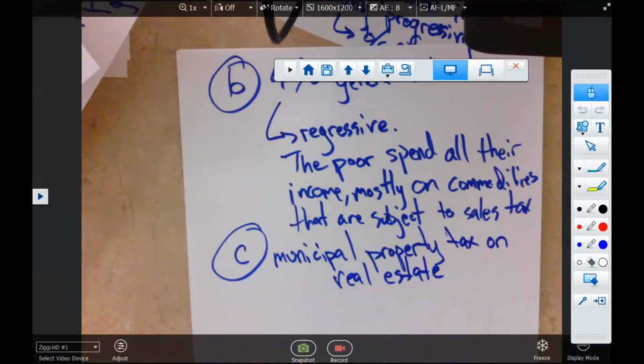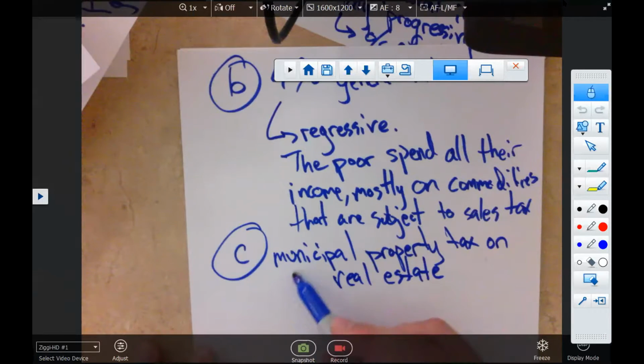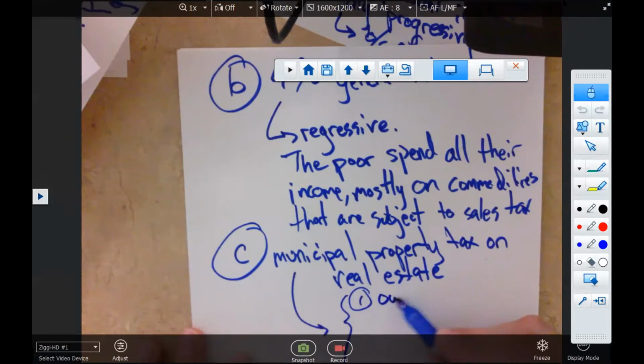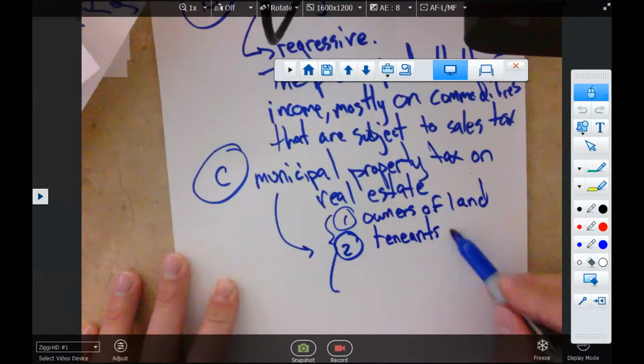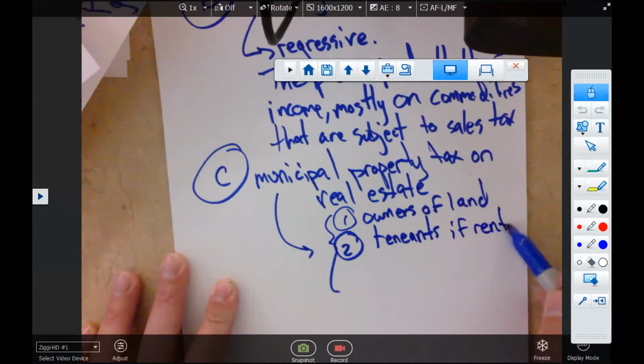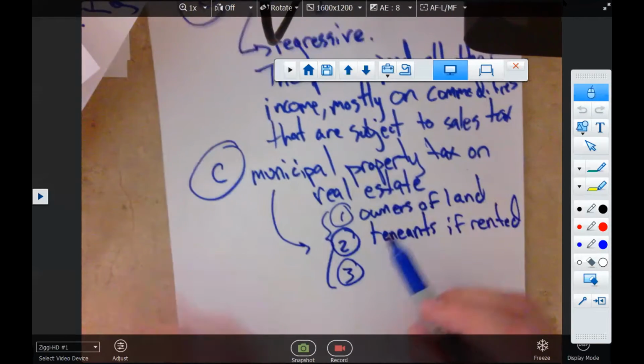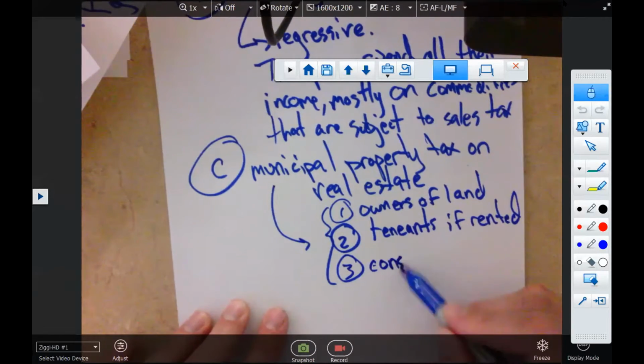So in terms of where the incidence could fall, it could fall on the owners of the land. It could fall on the tenants if rented. Or it could fall on the consumers if the property is used in the business.